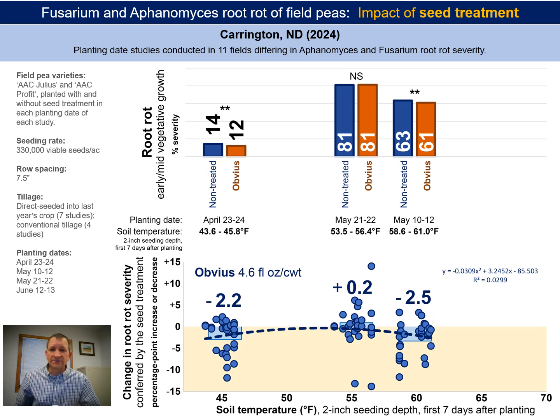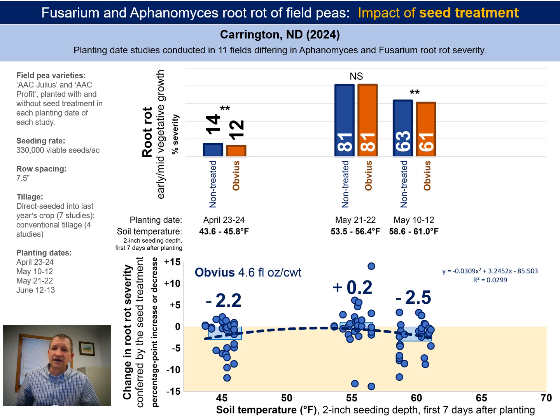We did 4 planting dates between April 23rd and June 13th. The April 23rd to 24th planting date went in when the soil temperatures were cool, with an average soil temperature of 43 to 46 degrees Fahrenheit in the 7 days after planting at seeding depth.